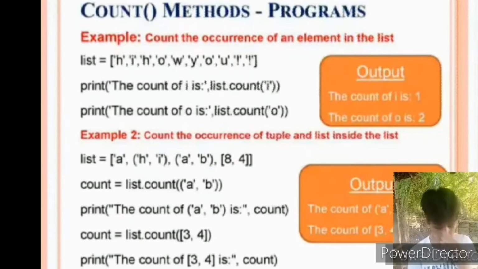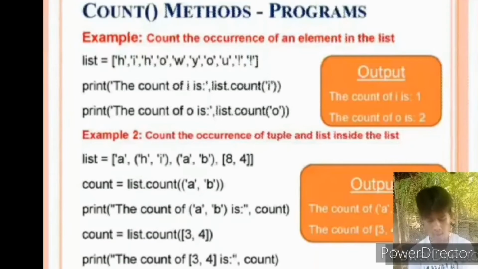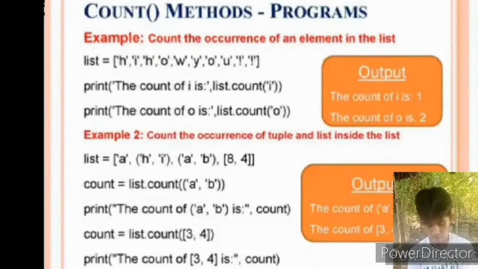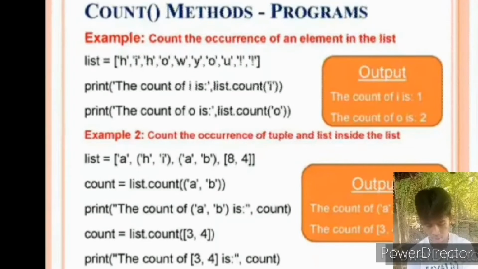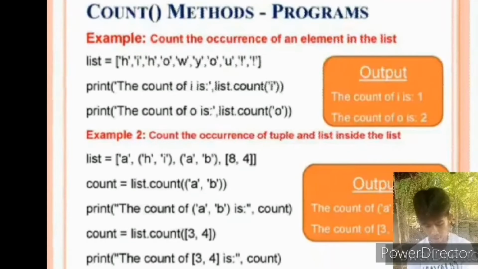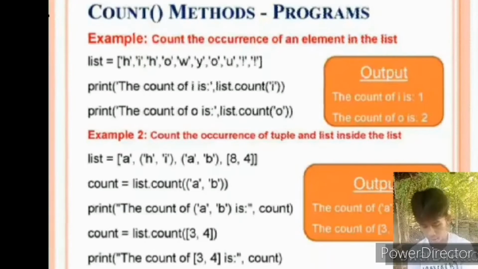Example number 2. Count the occurrence of tuple and list inside the list. List is equal to bracket, A, open and close parenthesis, H and I, open and close parenthesis, A and B, and bracket 8 and 4.